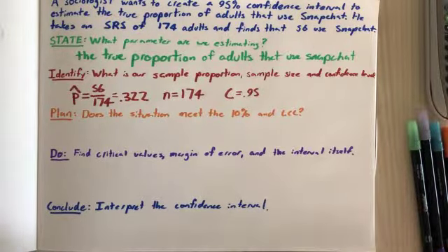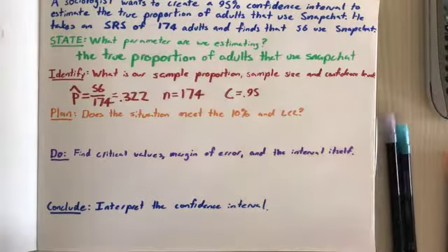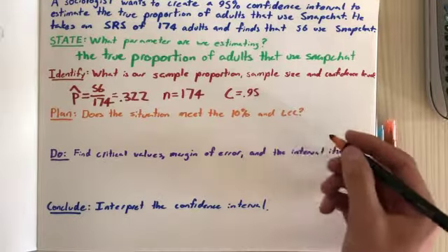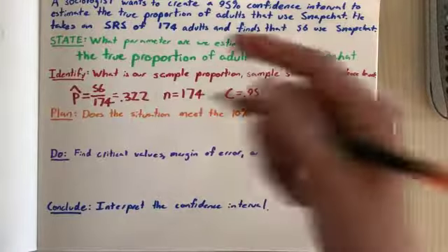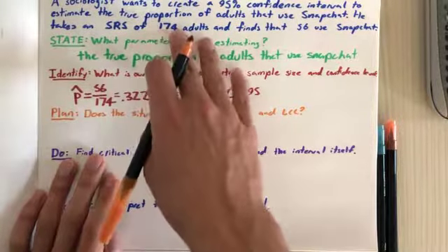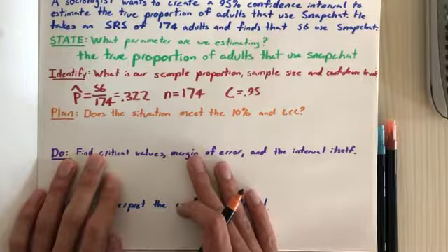We're done with that. Next is plan. In the planning stage, we are going to check our 2 conditions to make sure that we can properly use this interval. The 2 conditions are the 10% condition and the large counts condition. The 10% condition, remember, tells us that our sample size, which is 174, has to be less than or equal to 10% of the total population that we're looking at.